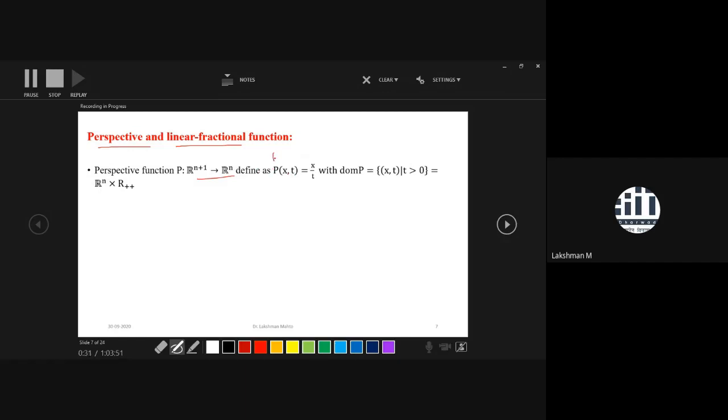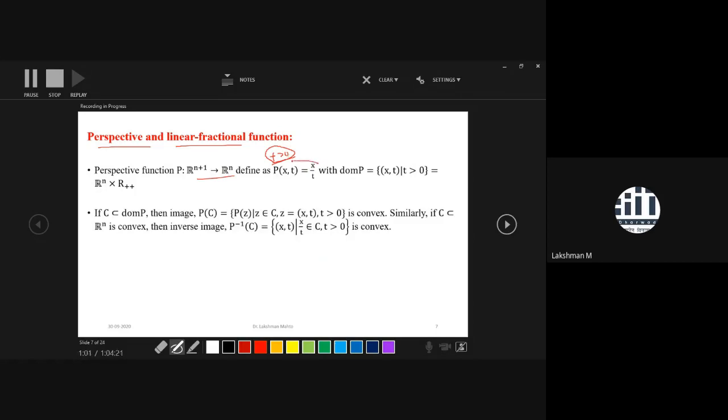You remember the two conditions: the last coordinate of this domain is positive, t greater than 0, and x comes from Rn. We normalize the vector by the last coordinate. That means we divide every coordinate by the last coordinate. For the sake of simplicity, we take t greater than 0. In that process, this map is called the perspective map.